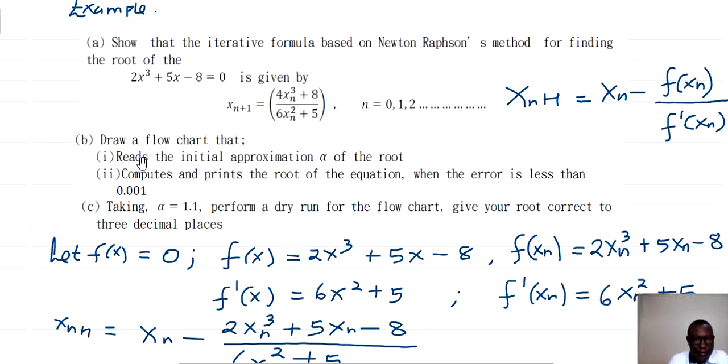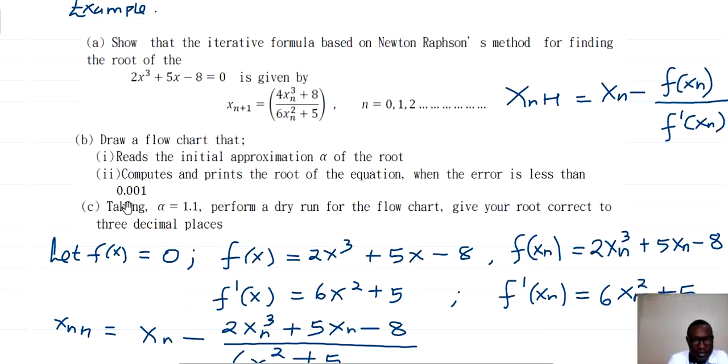Now part B, we are going to draw a flowchart that reads the initial value alpha of the root, computes and prints the root of the equation when the error is less than 0.001.